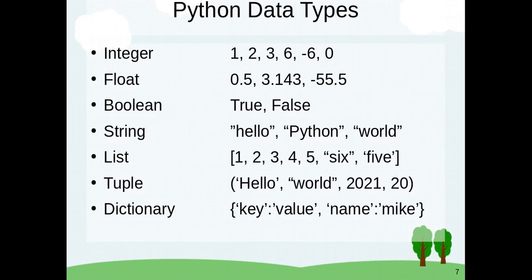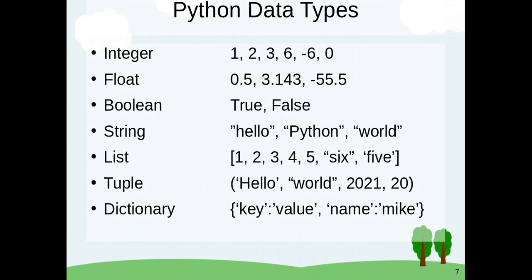Next, we have the floating point data type, which holds numbers with decimal places. Numbers that have decimals or floating points are referred to as float. And the third one here, we have the Boolean data type, which has to do with true or false, and can also be represented as 1 or 0.